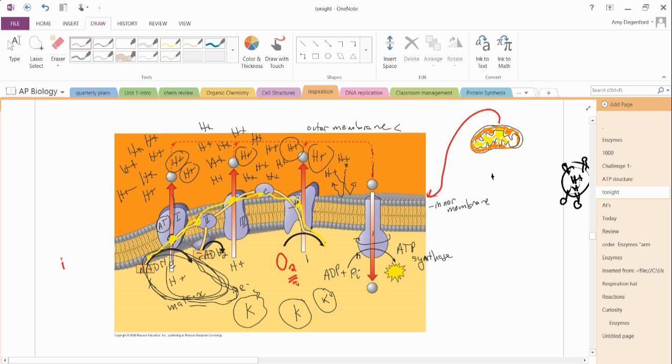Now, this transporter is a very unique transporter. It's ATP synthase. And that ATP synthase is very similar to a proton pump, but this time it's working in reverse. So instead of taking ATP to move protons across, the protons are going to move through it and drive that molecule to connect ADP and phosphate.